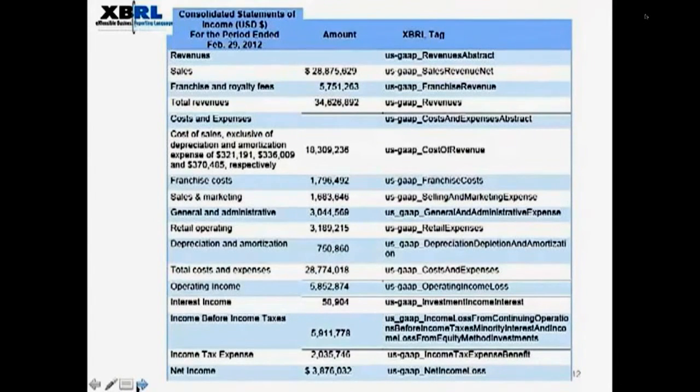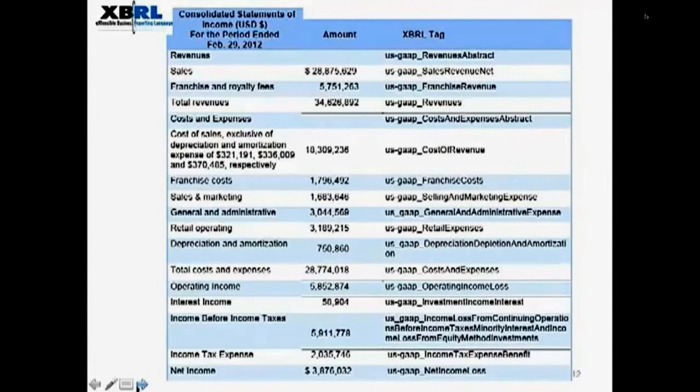Here's another example of a financial statement, but this time we're going to add the XBRL tag that would represent the financial account name. In this case, we're looking at revenues, and we have the XBRL tag in the third column, which is US GAAP revenues abstract.